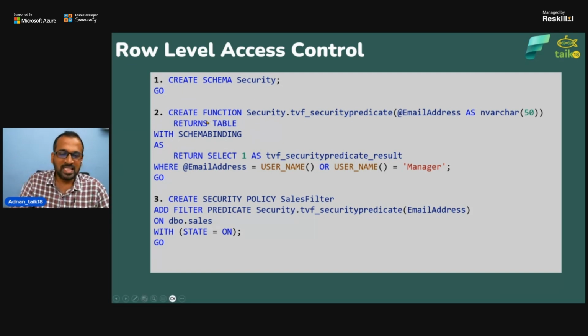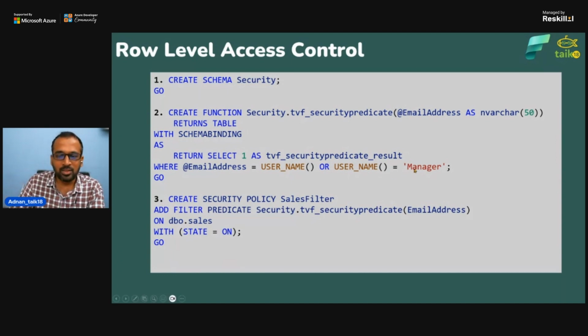And then we need to create a function here, which is security.table value function, security predicate, and I'm assigning the email ID as nvarchar(50) here. It's going to return a table with schemabinding: return select 1 as table value function security predicate result, where email ID is equal to USER_NAME(). USER_NAME is a kind of function that will automatically pick the login email ID here.